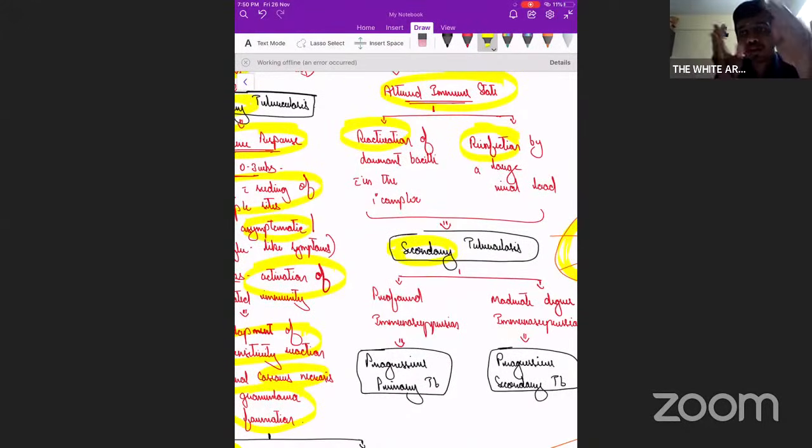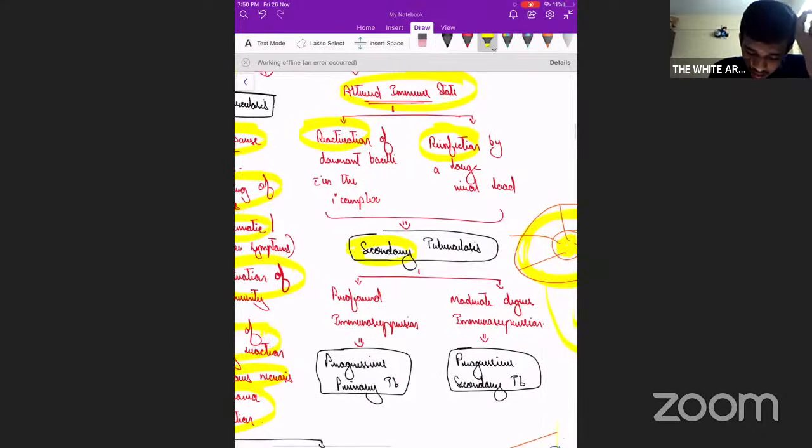Now, in this secondary tuberculosis, if there is previous memory left from the infection, some amount of memory T cells and B cells, then it will end up being progressive secondary tuberculosis, where there will be the adult form of cavitary lesion, correct? That is in case of a moderate degree of immune suppression.